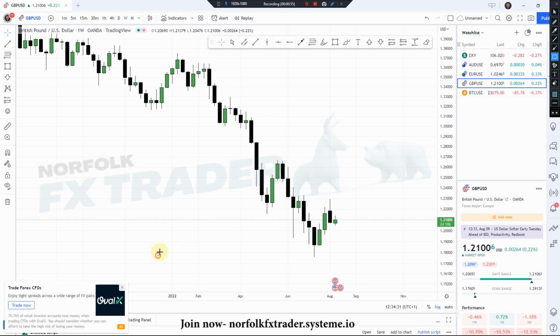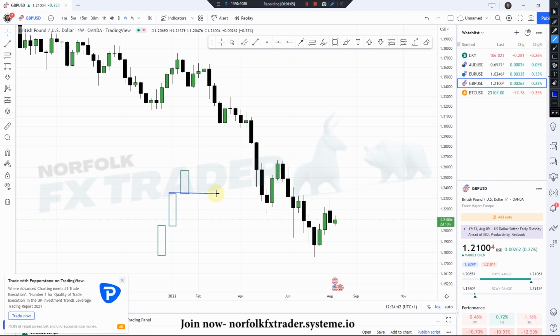Now if we're seeing a bullish movement in the market and we're looking for a reversal pattern, what we're going to look for is, one, we need to see a break of the previous candle's high. The next, we need to see a reversal breaking back below that previous level.